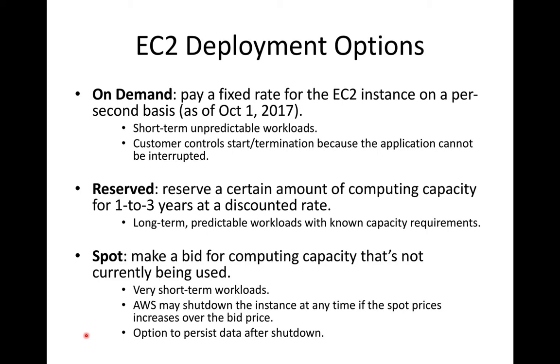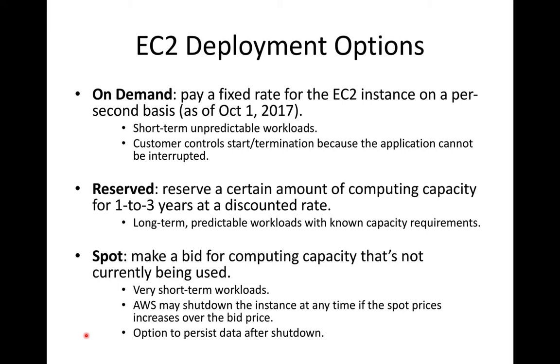You can run it for as long as you want to, and you're going to pay for that instance on a per second basis. AWS will bill you monthly, but when they're figuring out the utilization charges for that instance, you're going to pay for it on a per second basis.